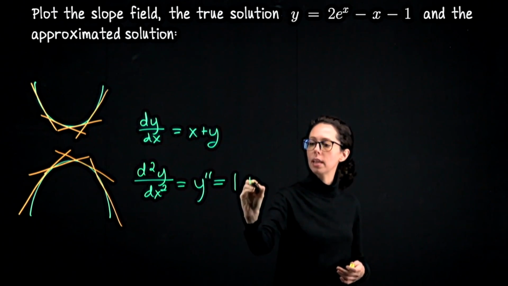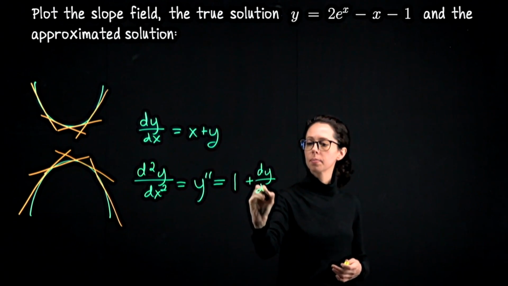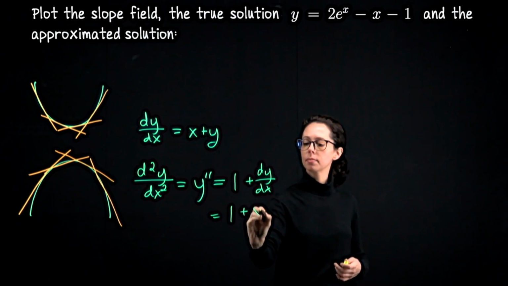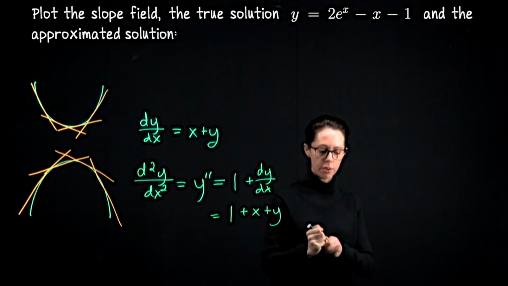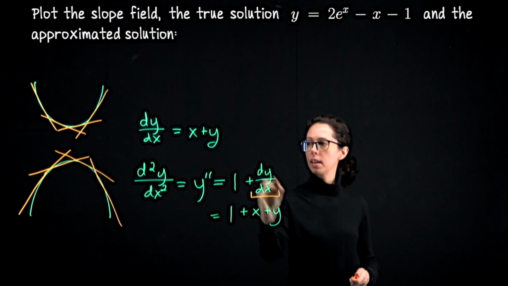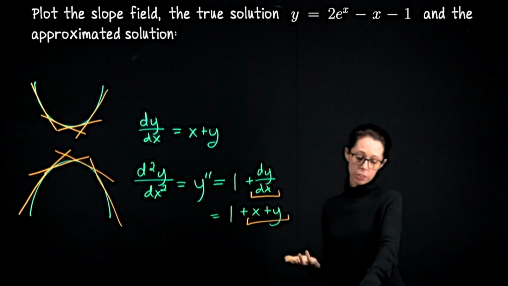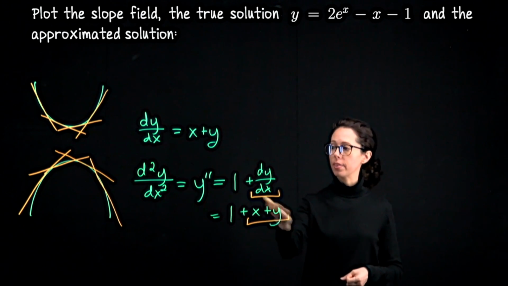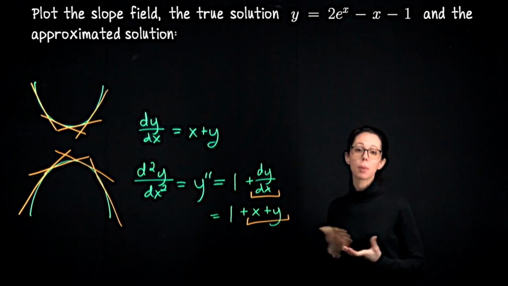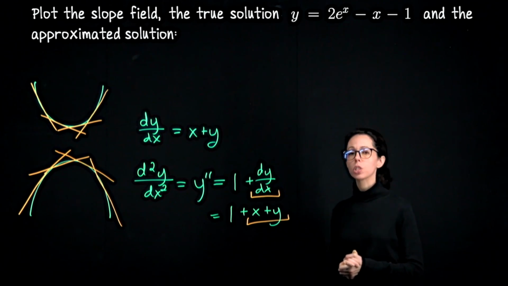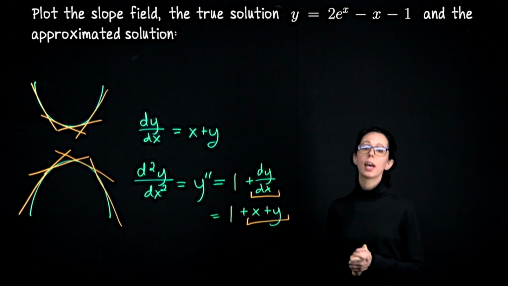So let me write 1 plus dy dx. But then that's 1 plus x plus y. So here, to replace this, I use the differential equation itself. If we're in the first quadrant where x and y are always positive, then the second derivative of a solution is positive as well. So we could have anticipated that our solution would be concave up and we would produce an underestimate.